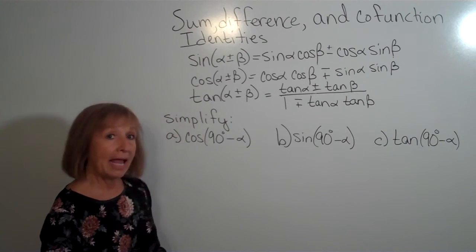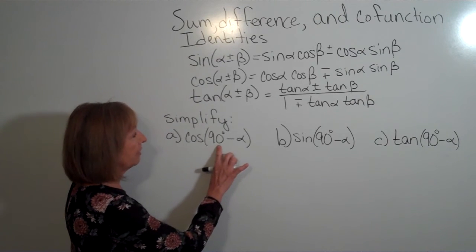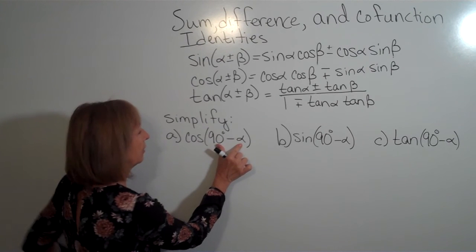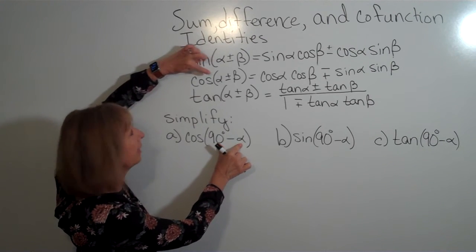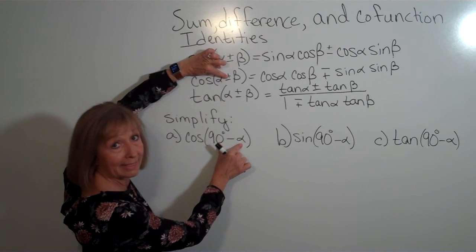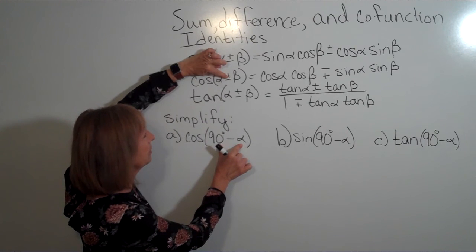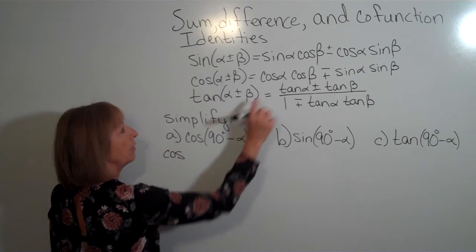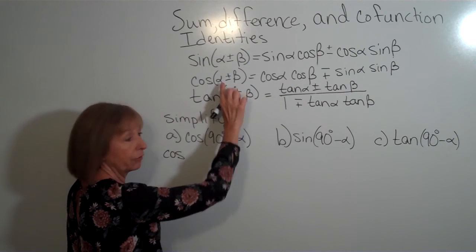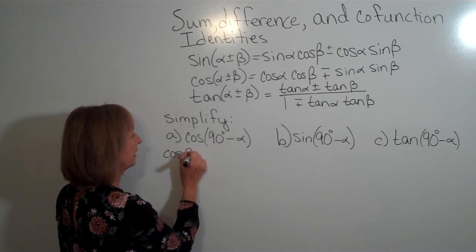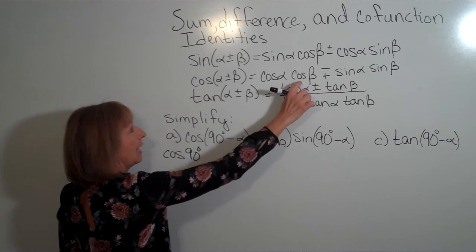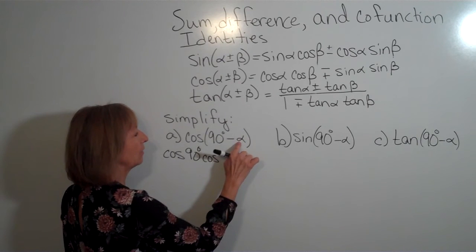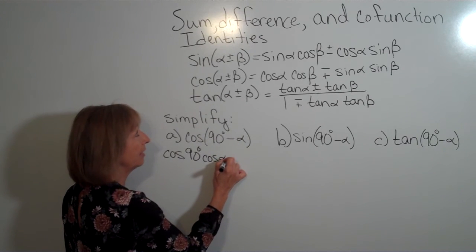So let's look here at our expansion. The cosine of 90 degrees minus alpha is the cosine of a subtraction of two angles. So I come to cosine and follow the bottom path because it's subtraction. This is going to be the cosine of the first angle in your expression, here that's 90 degrees, times the cosine of the second angle, here that's alpha.